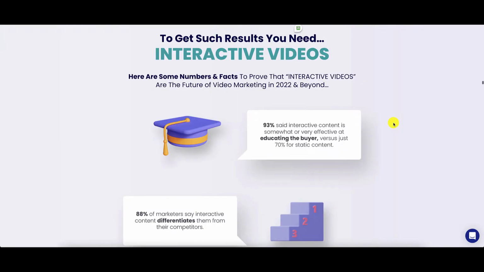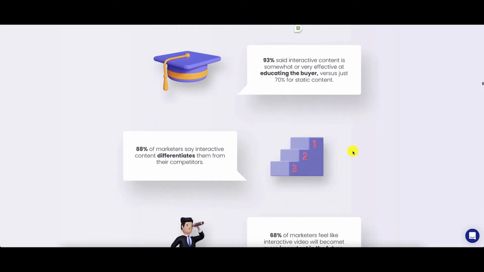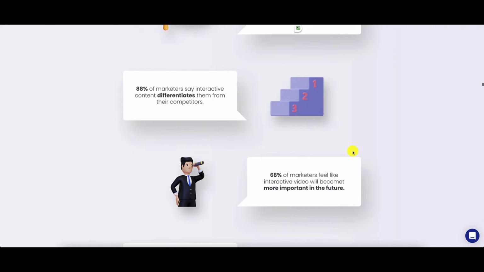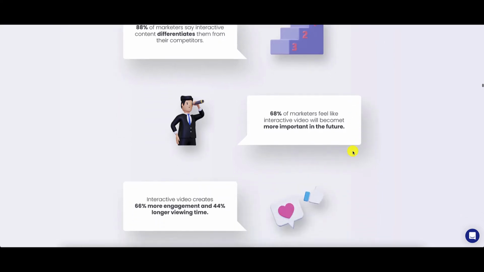Now, let's have a look at some of the interesting stats on why you should use interactive videos on your sales pages. 93% of marketers say that interactive content is very effective or somewhat effective in educating buyers versus just static content. Now, 88% say that interactive content differentiates you from your competitors. 68% feel that interactive video will become more important in the future.